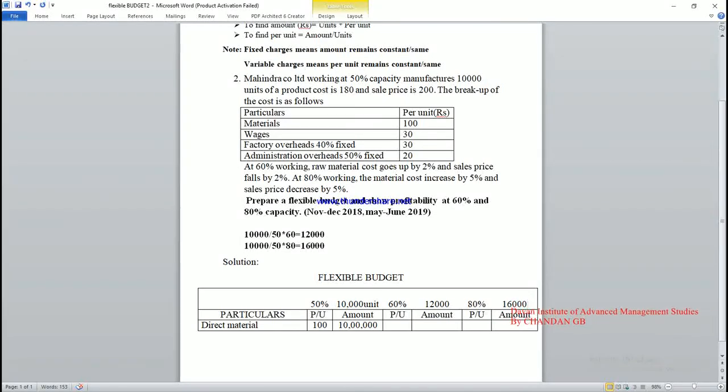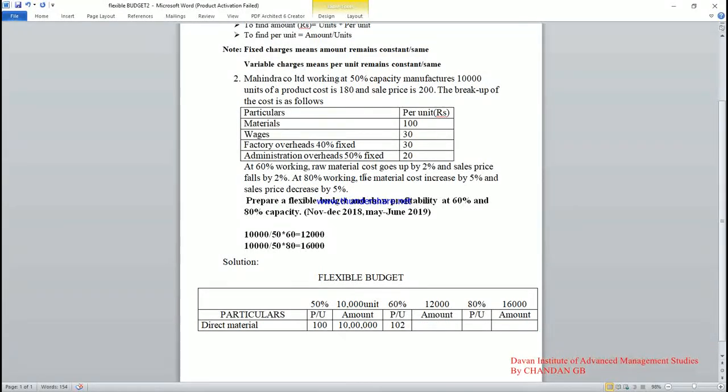Clear? Okay. For the direct material, 100 rupees into 10,000 units you will get 10 lakh rupees. Like that, for 60 percentage capacity they said that at 60 percentage working, raw material goes up, means increased by 2 percentage. 100 into 2 percentage is 102 rupees. 102 rupees into 12,000 you will get the amount.